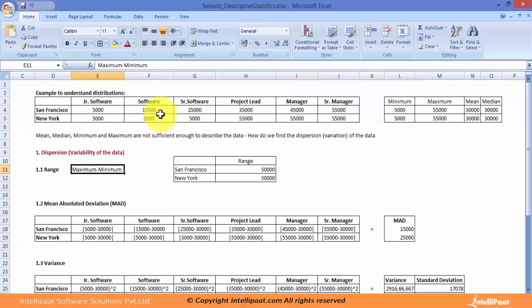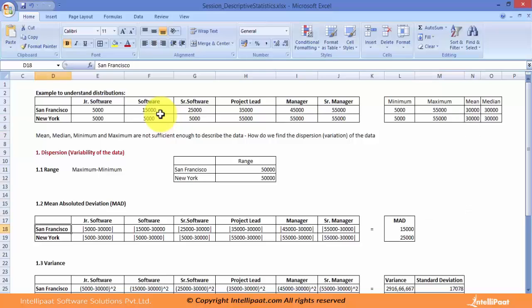So these people, let us say these three designations, are 25,000 away from the mean, right? And these people are again 25,000 salary points away from the mean, right?